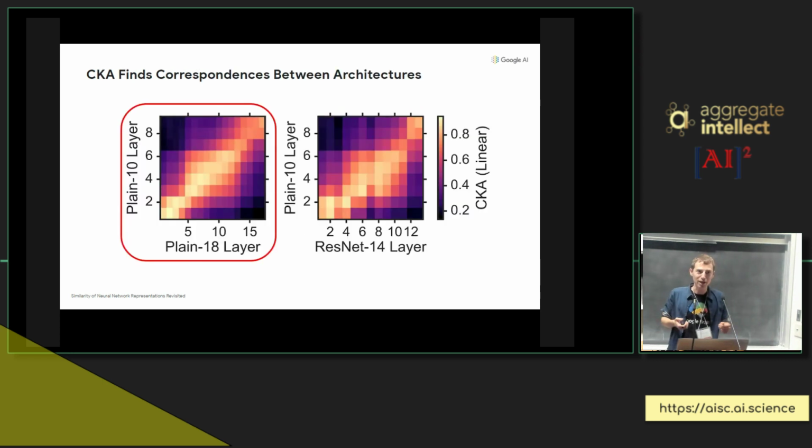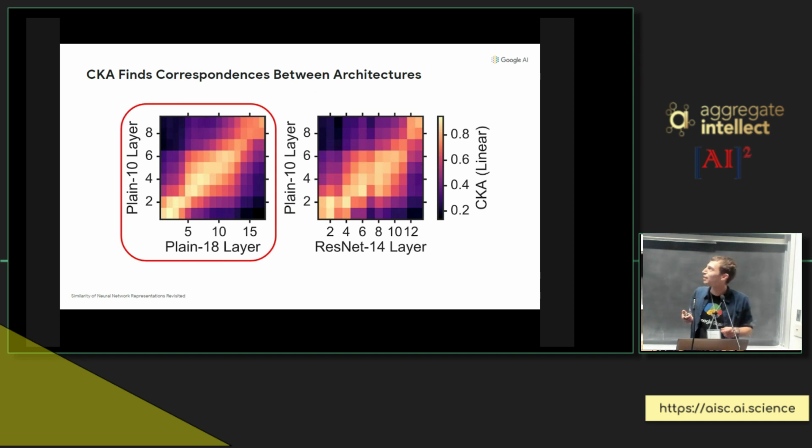So that's all the math for this talk, but I have a few more interesting empirical results to show you. So the first thing is that we can use CKA to measure similarity between different architectures. So here on the left, I have neural networks with different numbers of layers: a neural network with 8 convolutional layers, 10 total layers, and a neural network with 18 total layers or 16 convolutional layers.